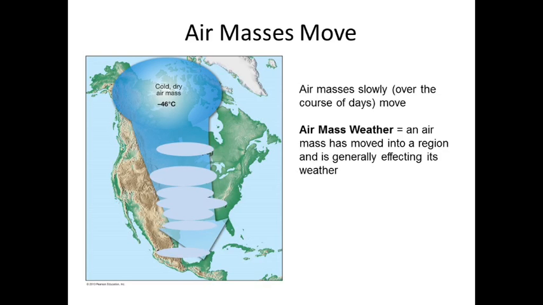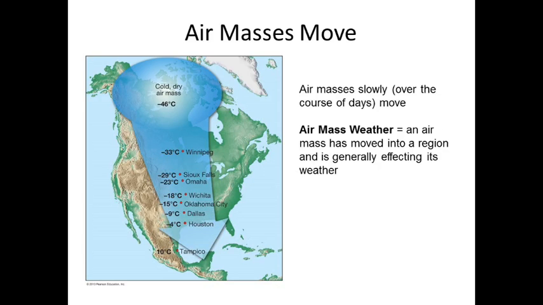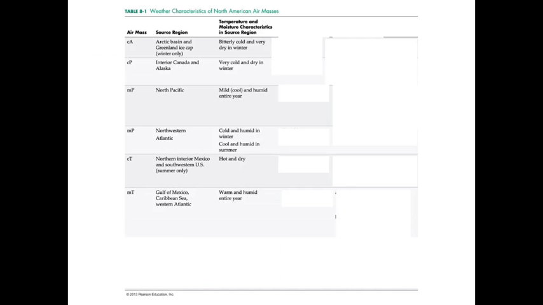That's what we call air mass weather. But check this out. Negative 46, negative 33. So it's warming up. You might not think it's all that warm, and that's Celsius, but this would still be considered continental polar air. That would be horrible.